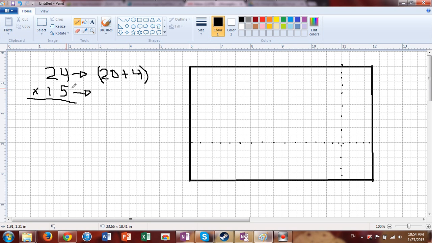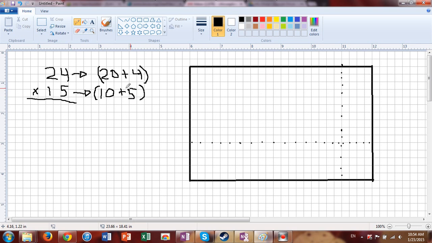All right, likewise, 15 can be broken down as well. Can you think of two easy numbers that we can break it down to? How about 10 plus 5?